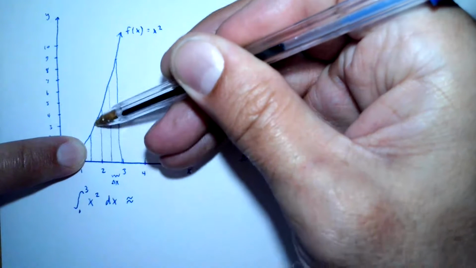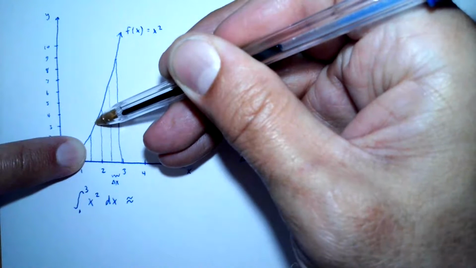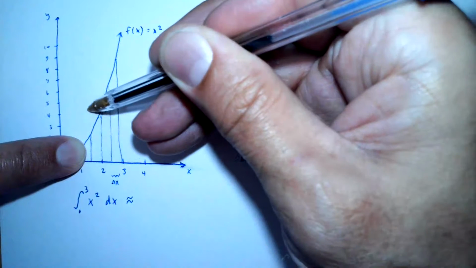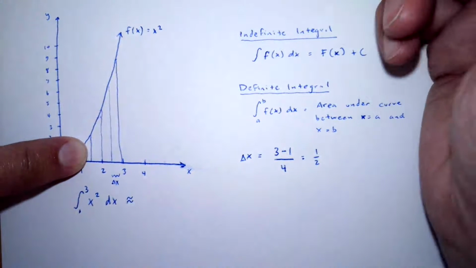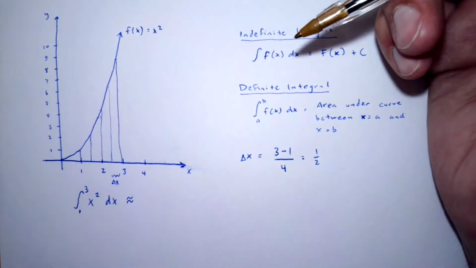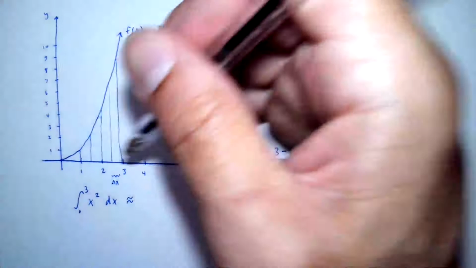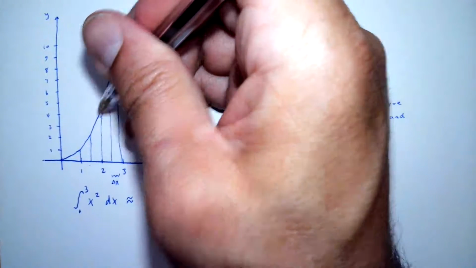We could look at the midpoint of the sub-interval and say that's going to be the height. Or we could go to the right side. For the work we do in class, we're going to use the right-hand rule. It ends up being a little bit easier with the math later. So we're going to use the right-hand rule, meaning we're going to have the right-hand side determine our rectangles.